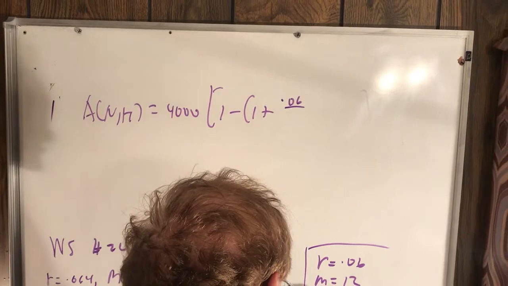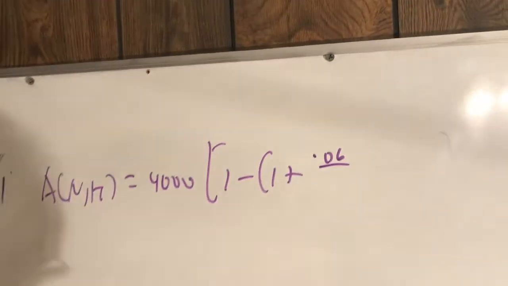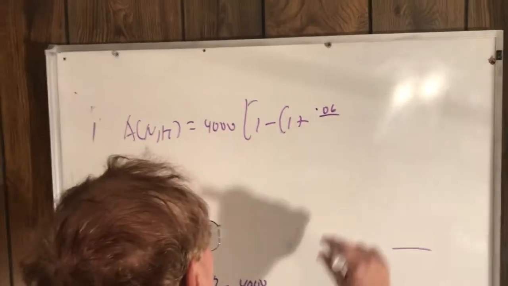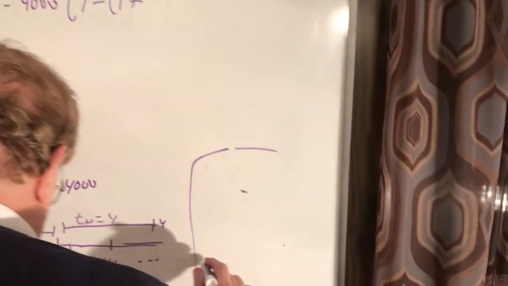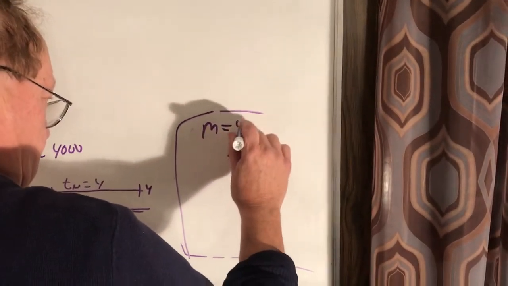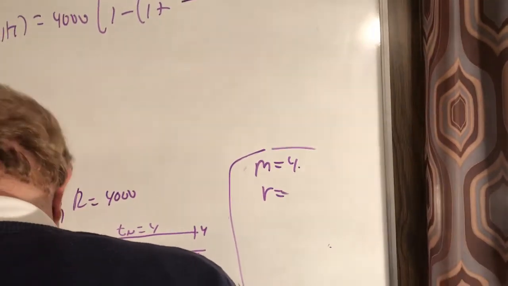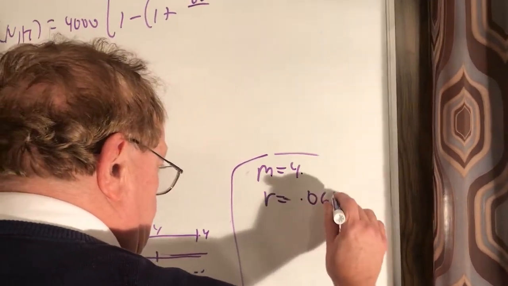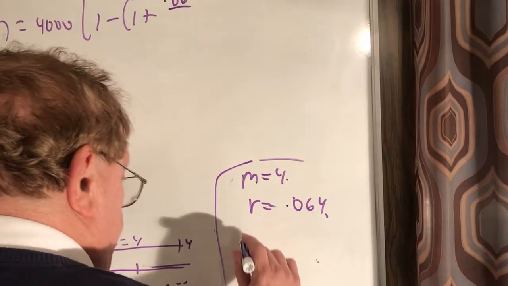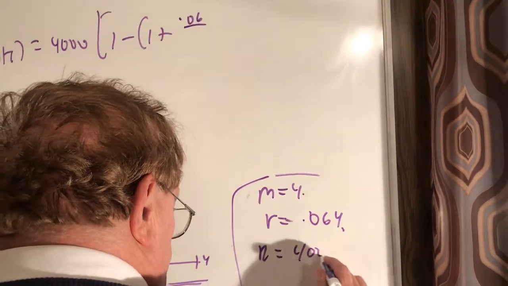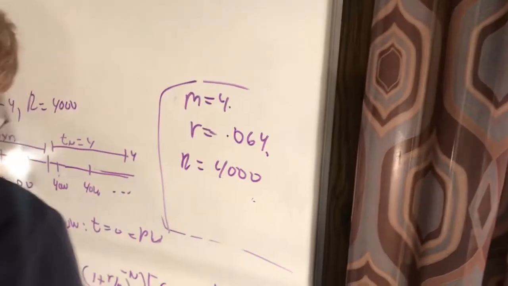You had M equals 12 here, but that was another problem. So for this problem, M equals 4. R equals 0.064, and the payment equals 4,000. And we're ready to go.